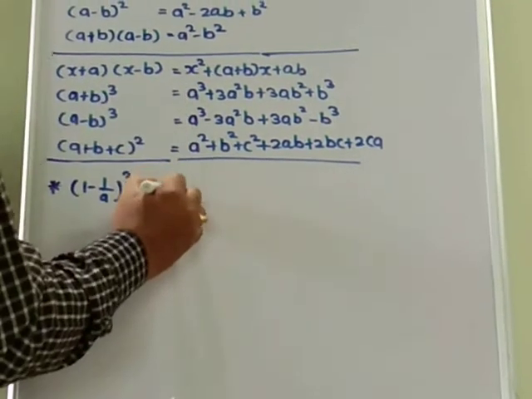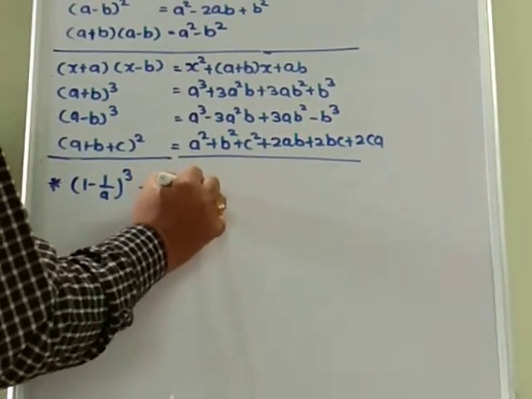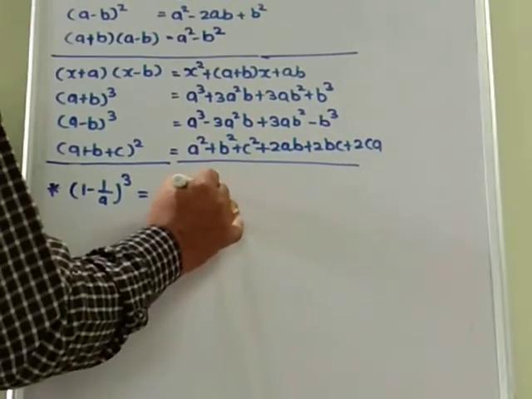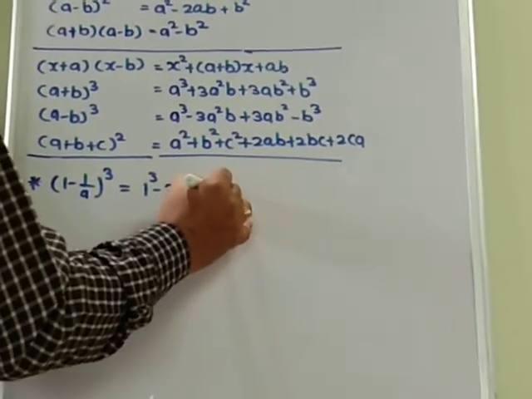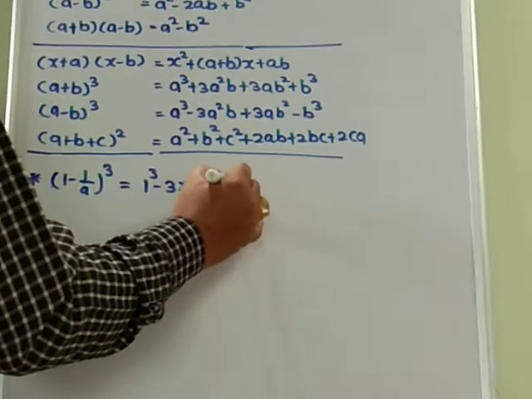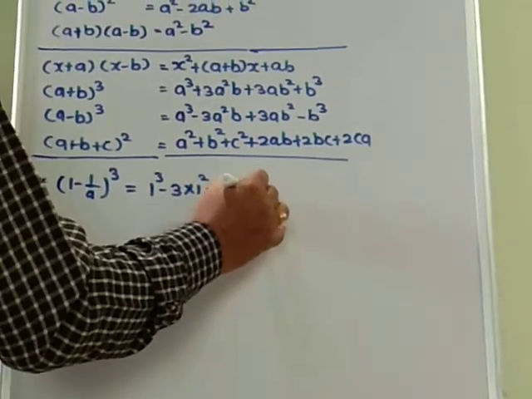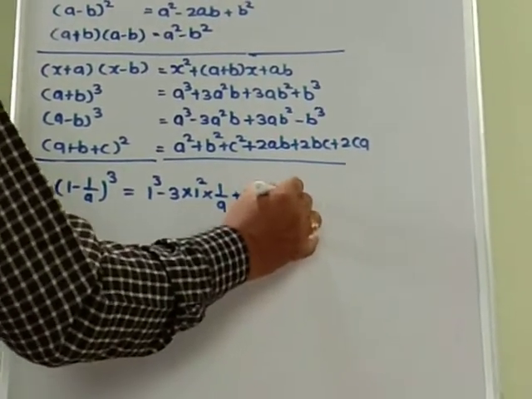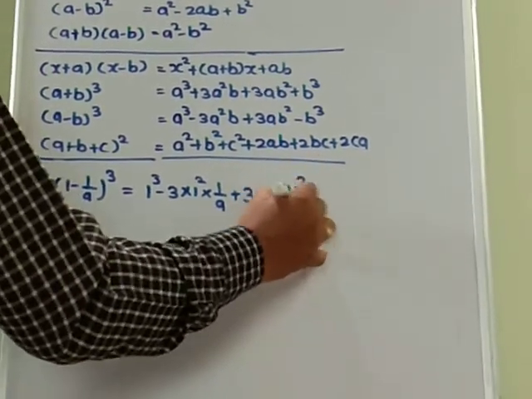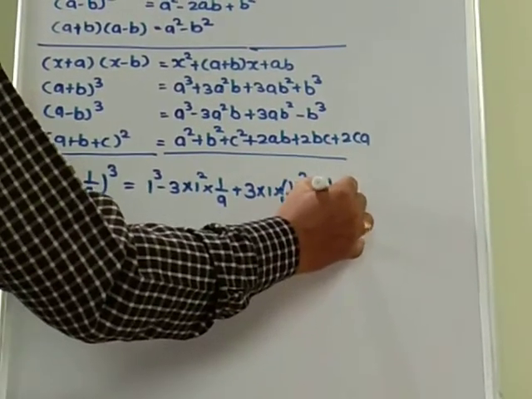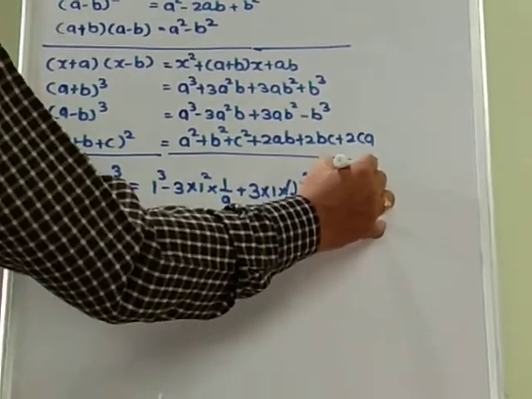In a similar manner, 1 cube minus 3 into first term square into second term, okay, plus 3 into first term into second term square minus second term cube, right?